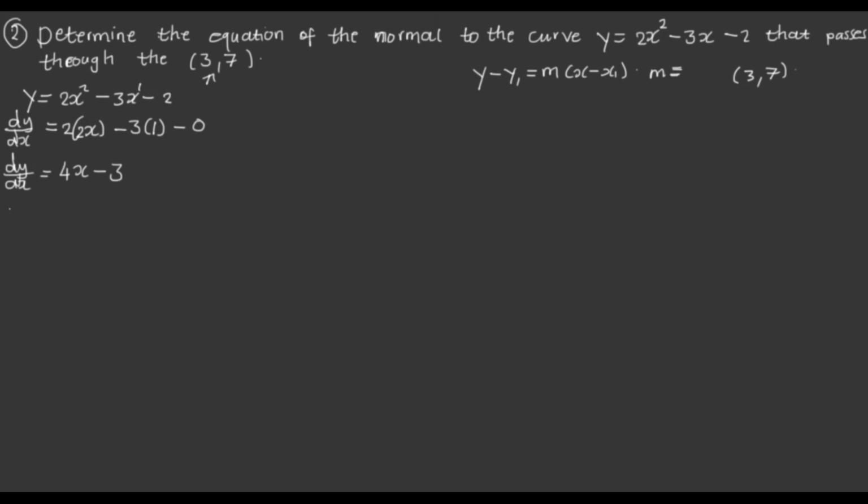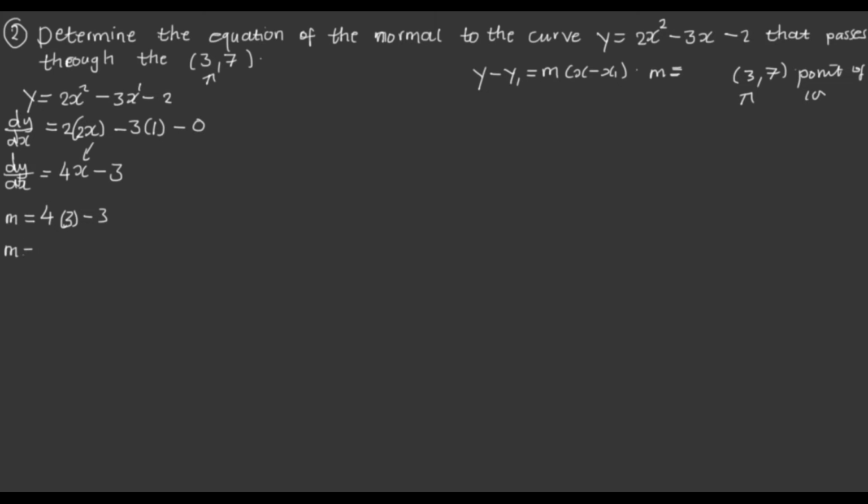So where there is dy over dx, we substitute with m. m equals 4x minus 3. Now we need to plug in the value of x from the point of contact. So from the point of contact, the value of x is 3.